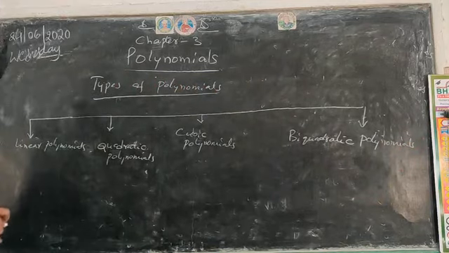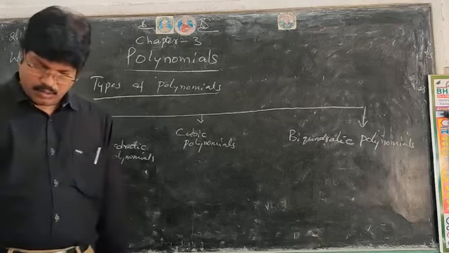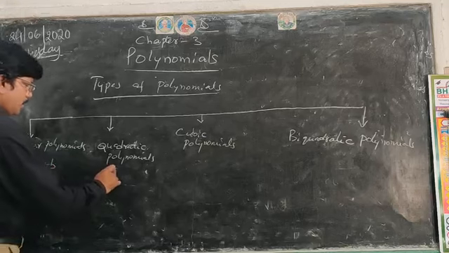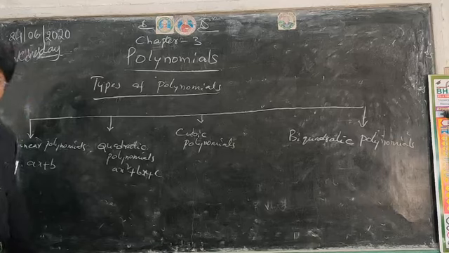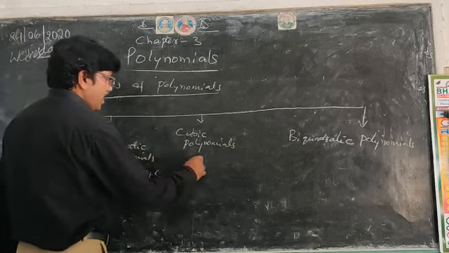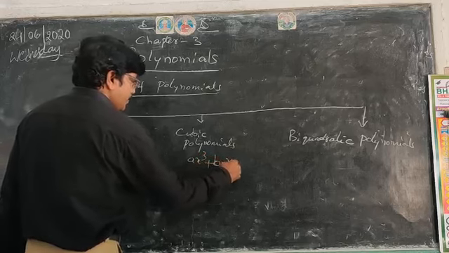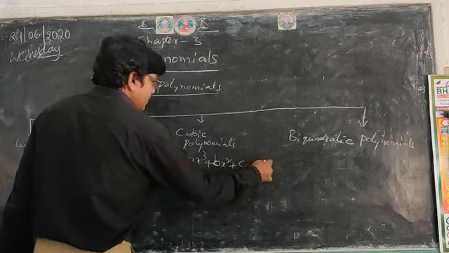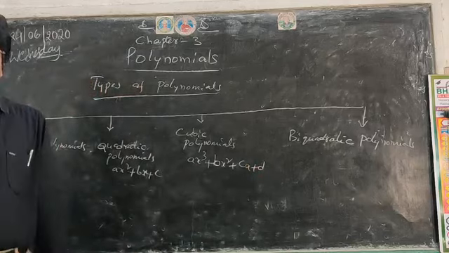Example for linear: ax plus b. Quadratic: ax square plus bx plus c. Cubic: ax cube plus bx square plus cx plus d.